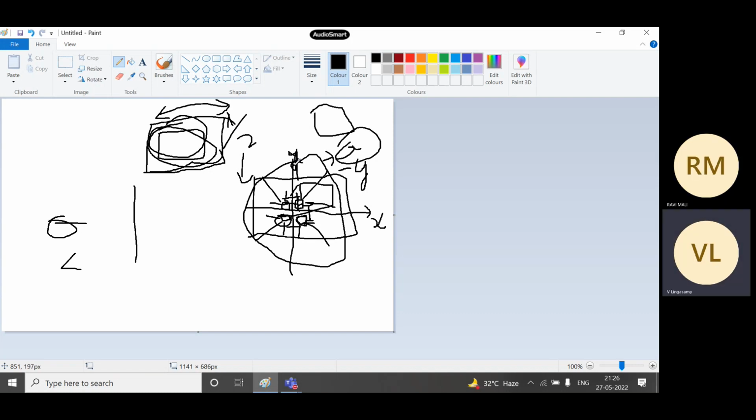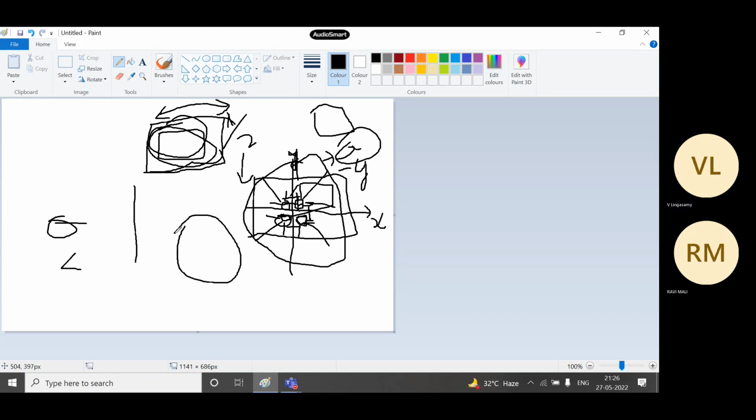In circular, how many elements there will be is decided by this one, so you keep increasing one by one and count. Then you will see the boundary, and beyond the boundary the element will not be placed. Accordingly, this will vary.